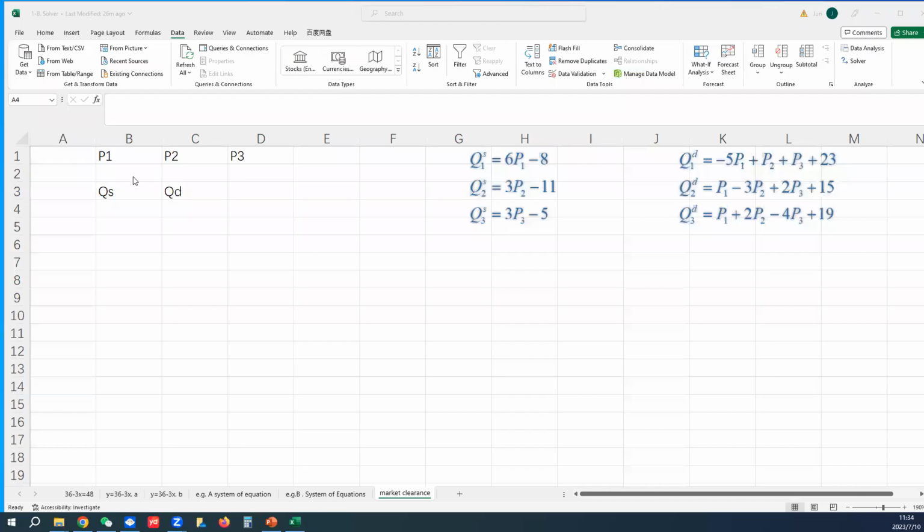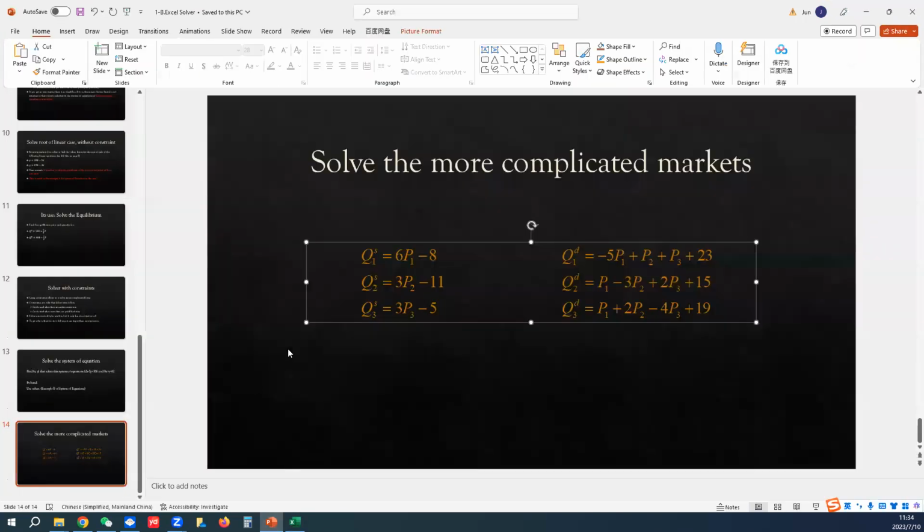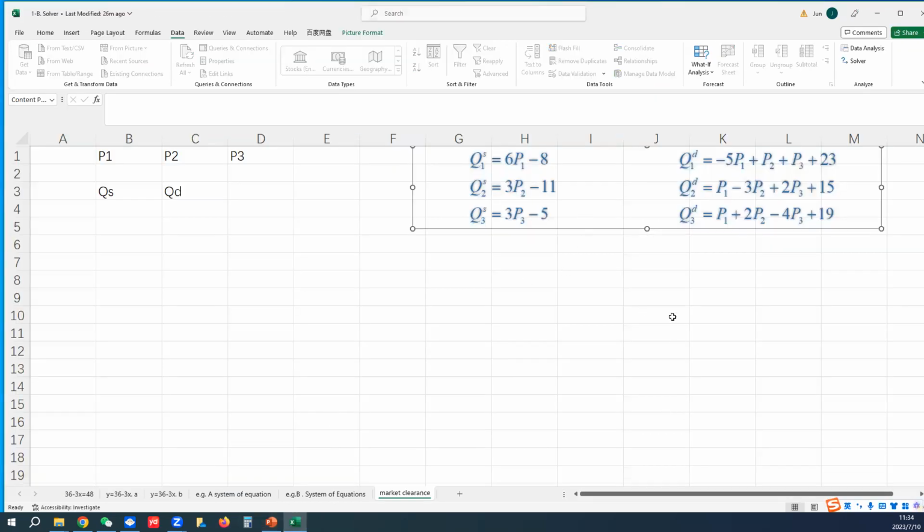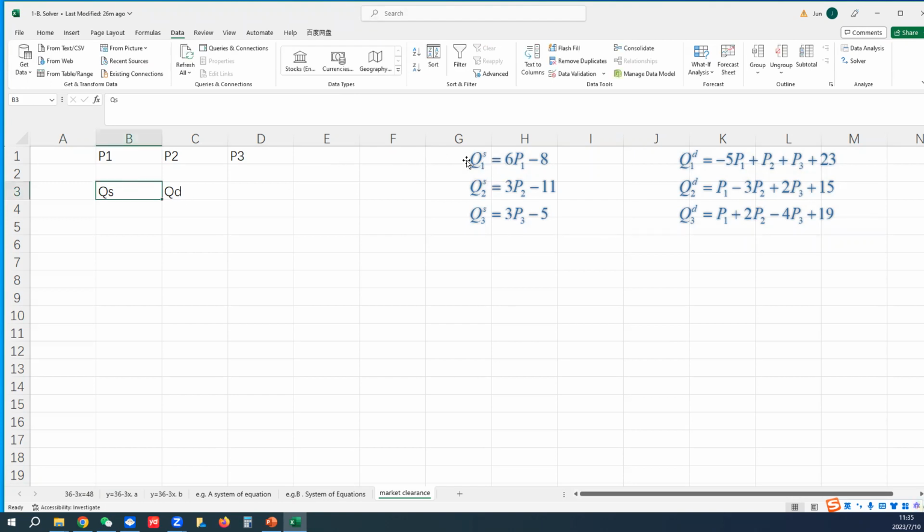This is a more advanced application of solver. So here, say if you're given those three markets, I just copy and paste it here for demonstration. For market one, QS means quantity supplied. For market one, quantity supplied is merely based on the price of good one.